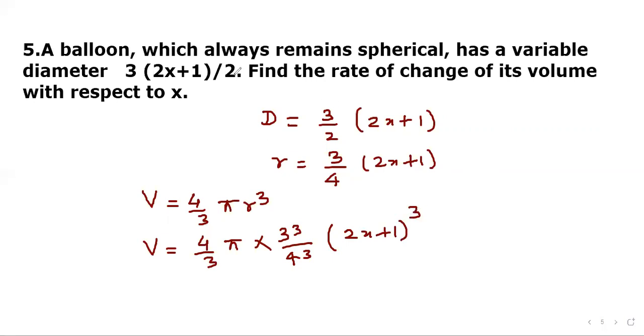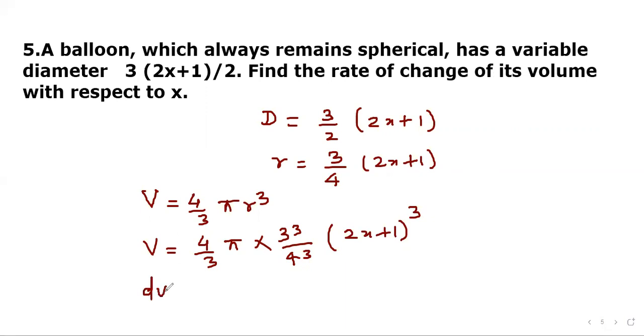Here, a balloon always remains spherical. So a sphere has volume 4 by 3 pi r cube, and we are given the diameter. So obviously the radius will be just half of it. We have put the value of r cube, so 3 cube divided by 4 cube times (2x plus 1) whole cube. We have to find dV upon dx, not dV upon dt, since we need the rate of change of its volume with respect to x.